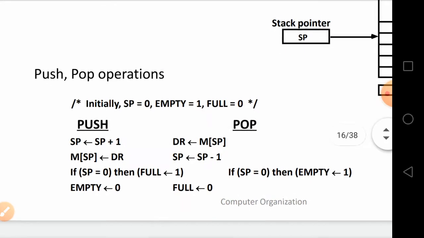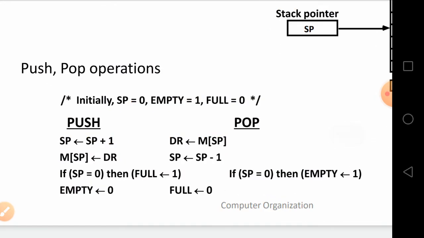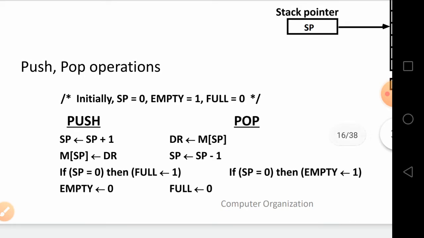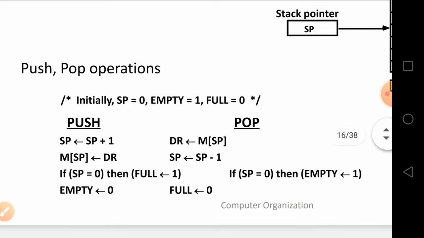So what happens when the push is performed? First, the stack pointer is incremented by one. After that, the data which is in the DR will be stored at the stack pointer location, and it checks whether the stack is full or not.